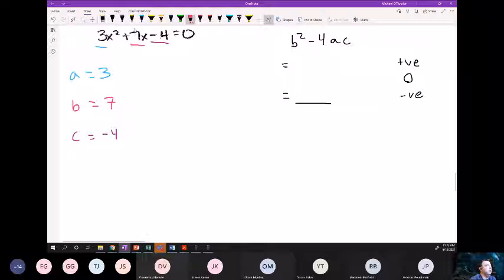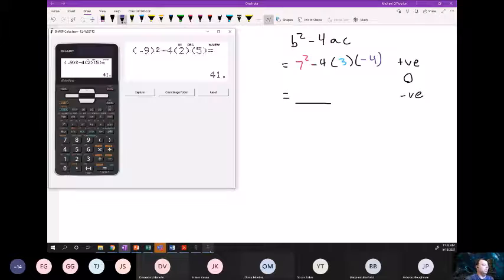All right, so as I go in here, it's going to be 7 squared minus 4 bracket 3 times negative 4. Good. And what's that equal? It's important for these questions to be able to work the calculator.